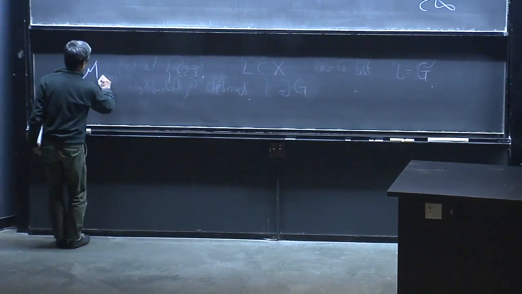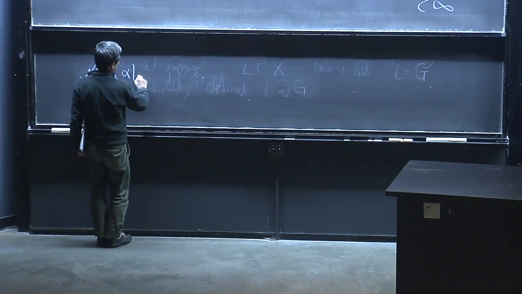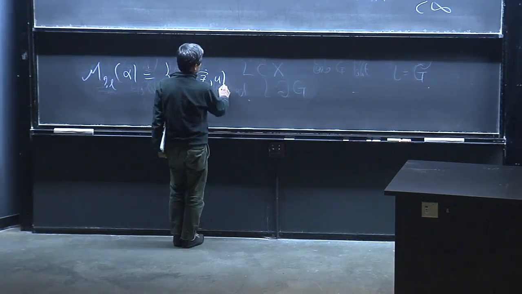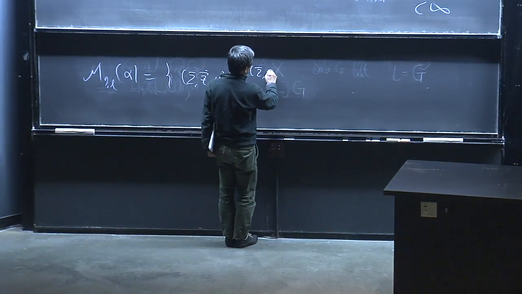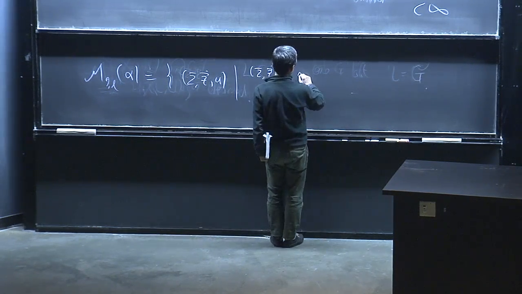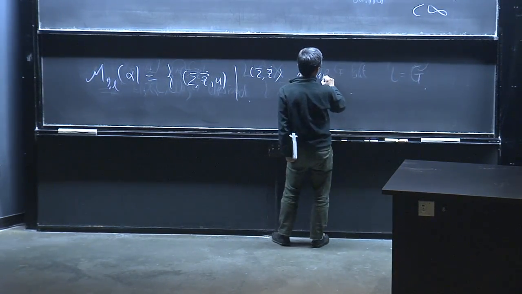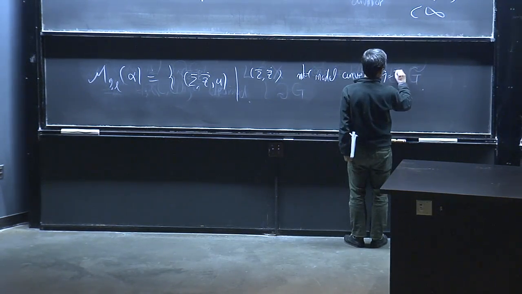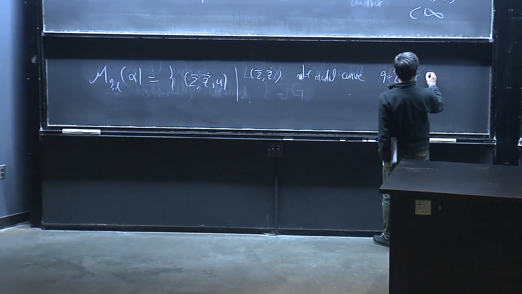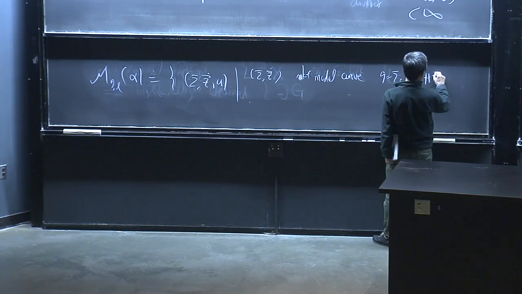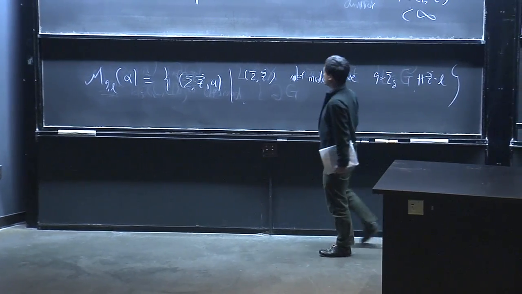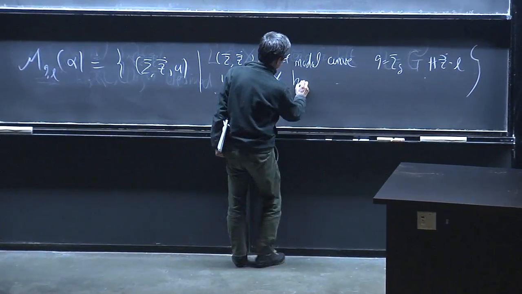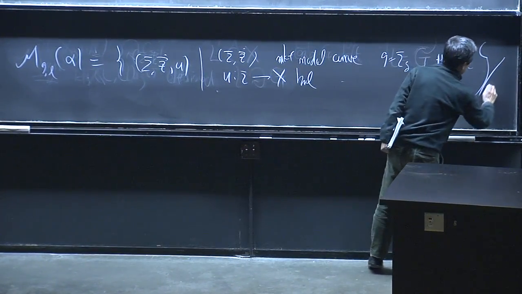So I will consider this moduli space M_{g,l}(alpha). It consists of (Sigma, z, u), where Sigma is this nodal marked curve, g is the genus, the number of marked points is l, and u is a holomorphic map. And we identify some relations.